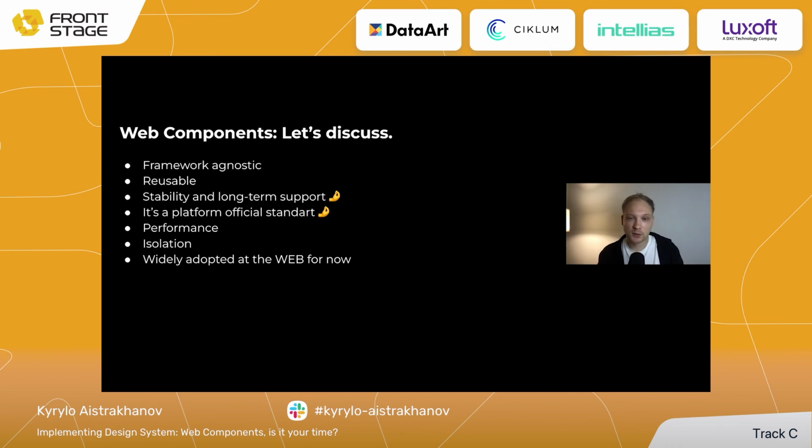And it's a native approach to rendering, so you don't need a virtual DOM, you just define the template that can be rendered natively, and it positively improves your CPU usage, and it also positively impacts mobile-first applications. And of course it provides a high level of isolation.